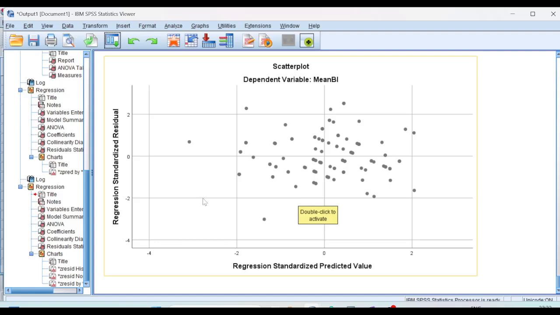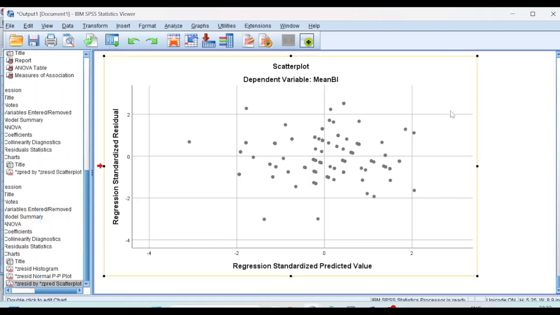Now, these dots should depict a rectangular kind of a pattern. They should be building up a rectangular kind of a pattern to signify homoscedasticity, and they should be ranging from -3 to +3.